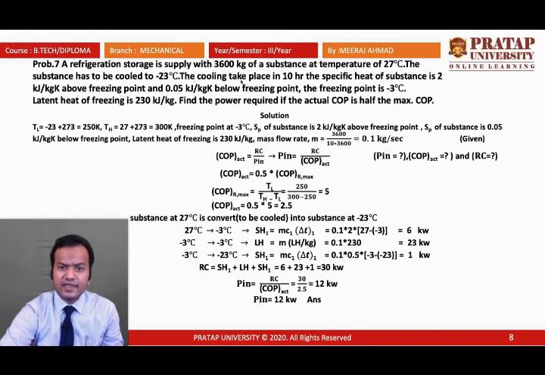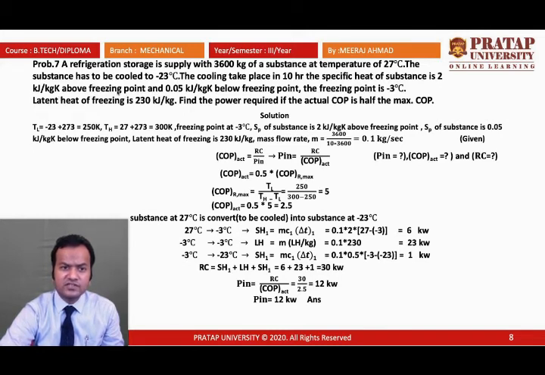The cooling takes place in 10 hours. From temperature 27 degrees Celsius, the substance is cooled to minus 23 degrees Celsius, and it takes a time of 10 hours. The specific heat of the substance is 2 kilojoule per kg Kelvin above the freezing point.